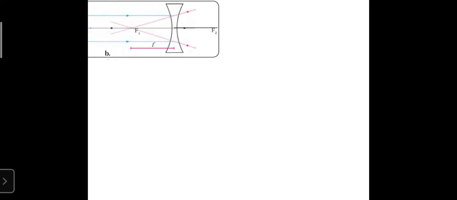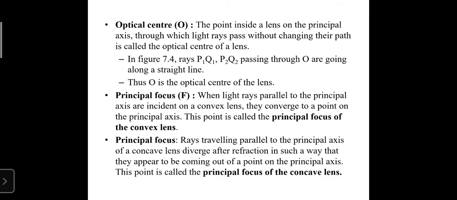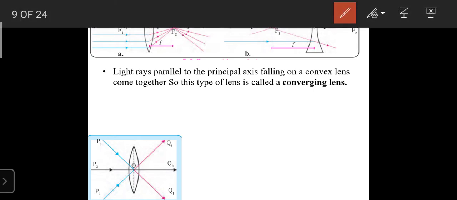You can see that figure. P1Q1 and P2Q2 are passing through the optical center without any deflection, without any change in their path.